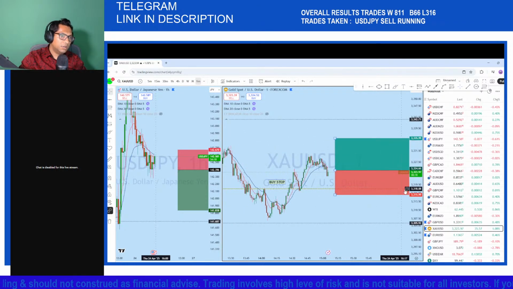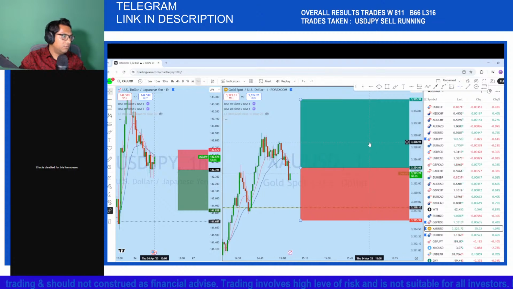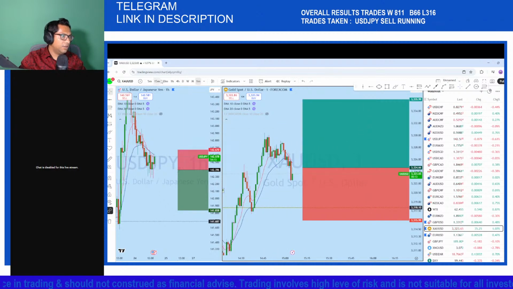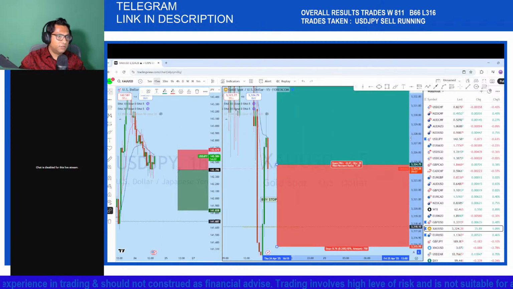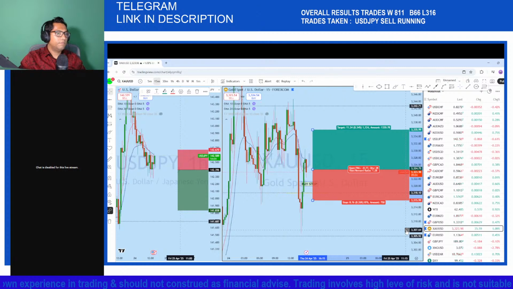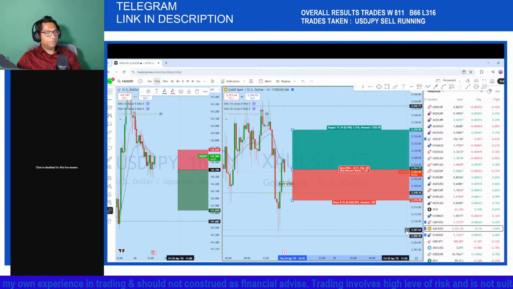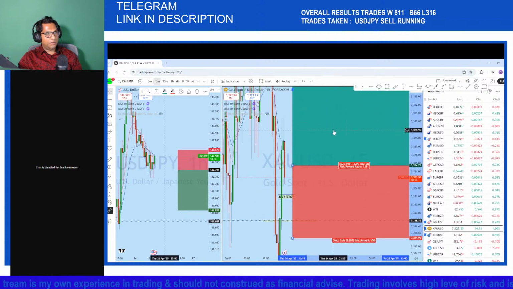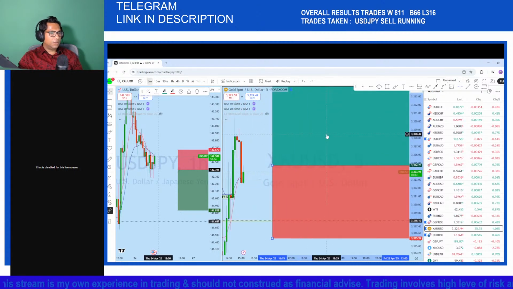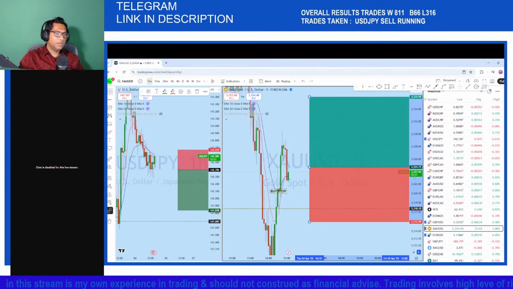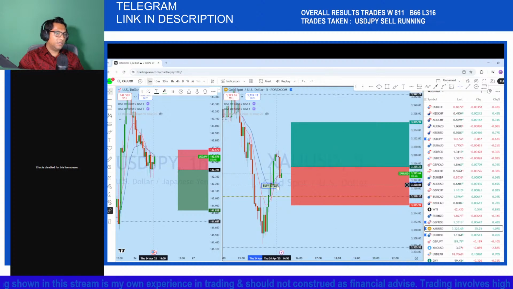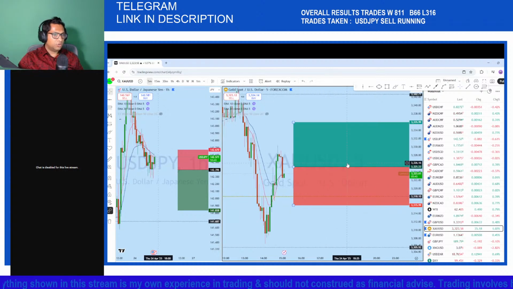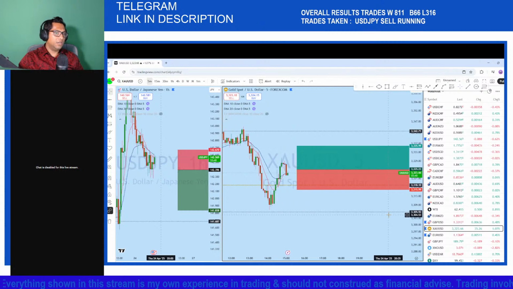So at this point, what we can do here is, this is the 15 minutes, and this is the 5 minutes price action. Looking forward to see if this market will trend back up or return again.